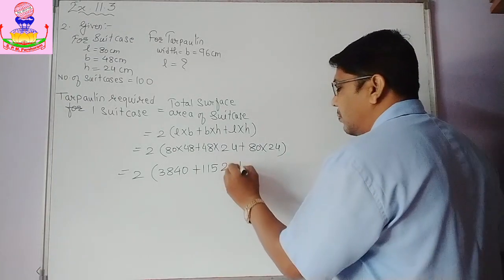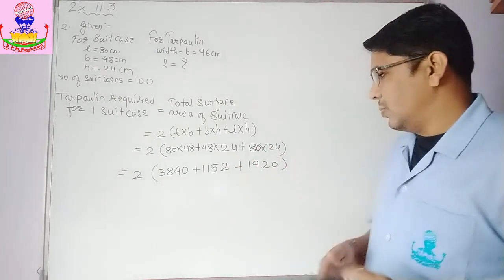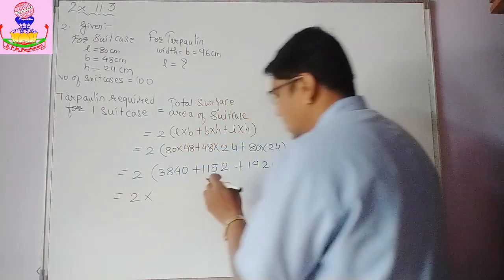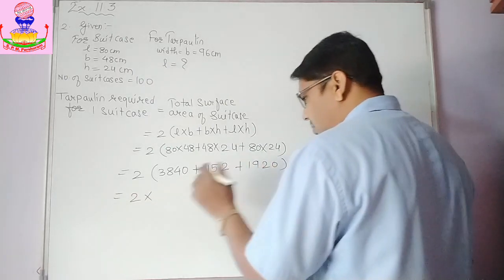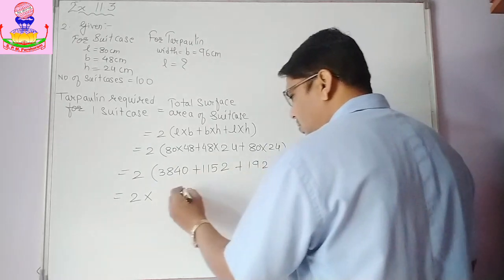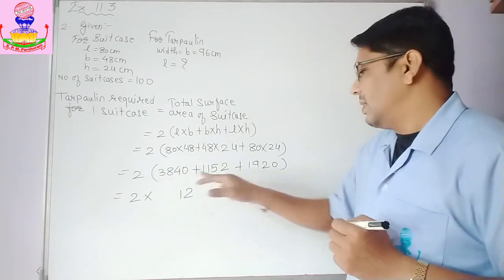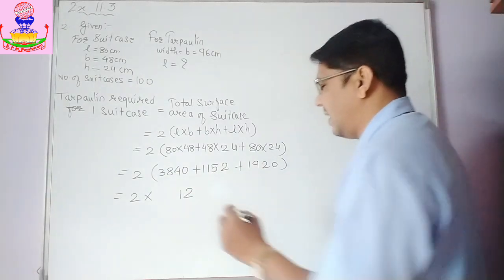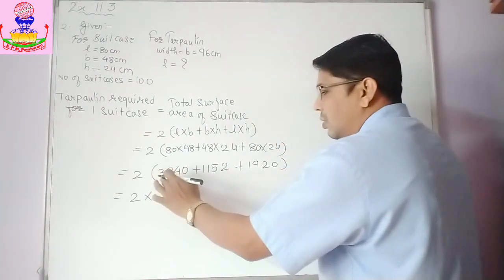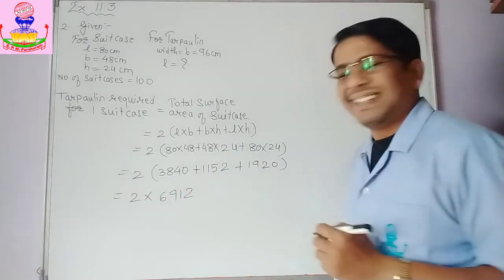Now 80 into 24, so 24 8s are 192 and 0. Now add all this. 2 into 0 plus 2 is 2, 2 plus 0 is 2, then 4 plus 5 is 9, 9 plus 2 is 11, 1 carry on, 8 plus 1 is 9, 9 plus 1 is 10, 10 plus 9 is 19, 1 carry on, 3 plus 1 is 4, 4 plus 1 is 5, 5 plus 1 is 6.